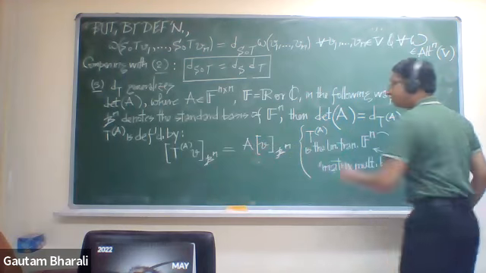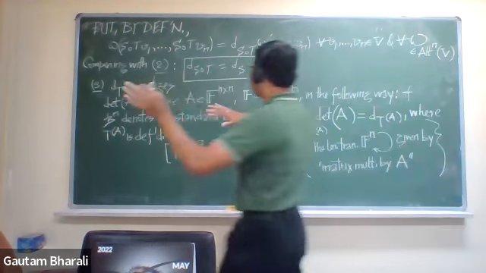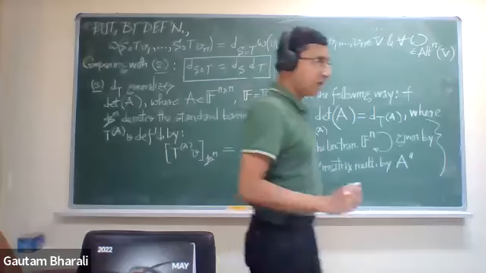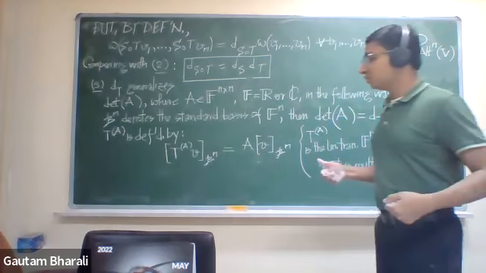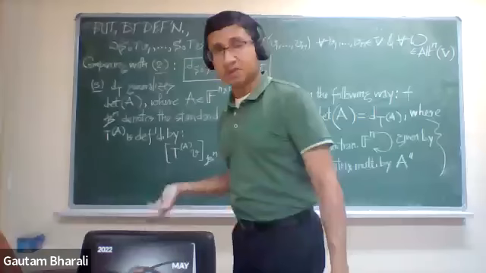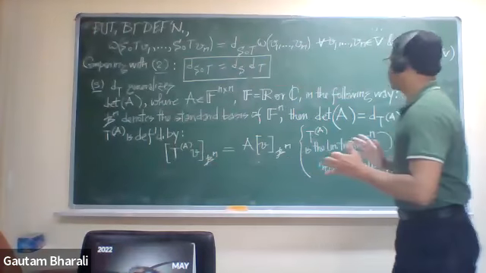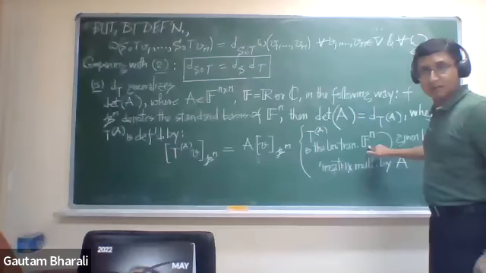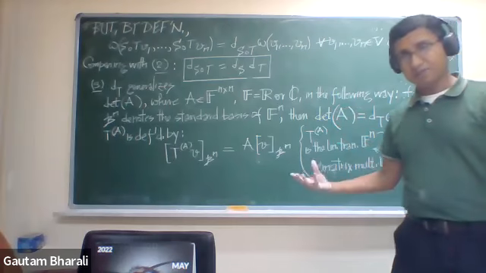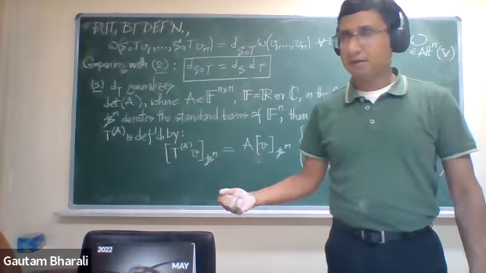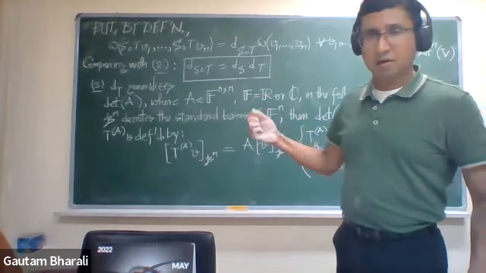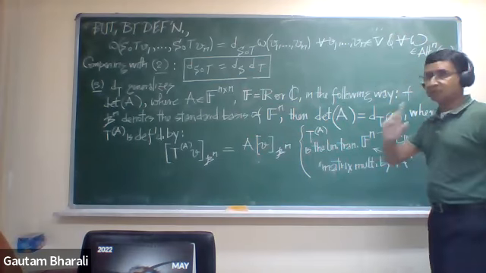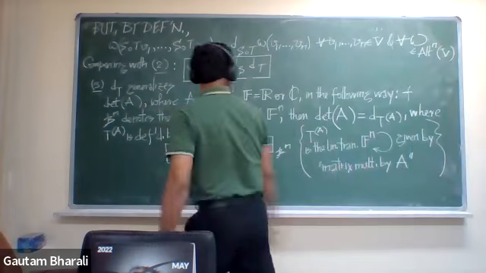I'm saying that among all n-dimensional vector spaces and linear transformations from such a space to itself, if you consider the vector space F^n and consider the matrices, then d_T for T equal to multiplication by a matrix specializes to something that you know, and that is this determinant.